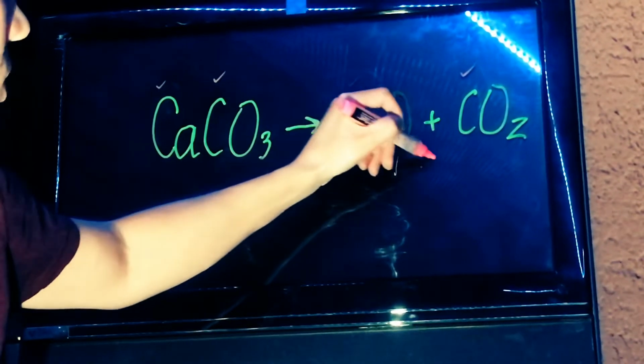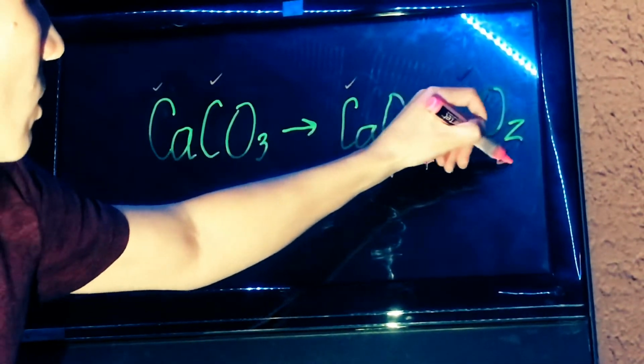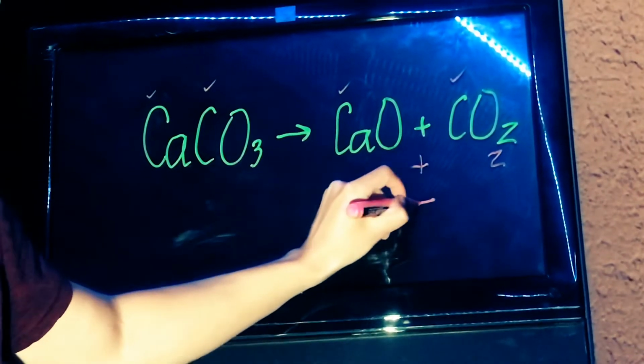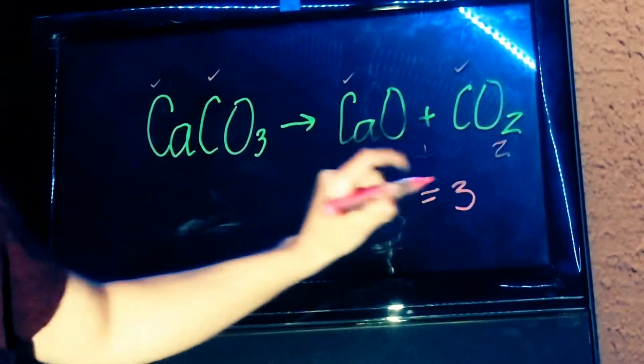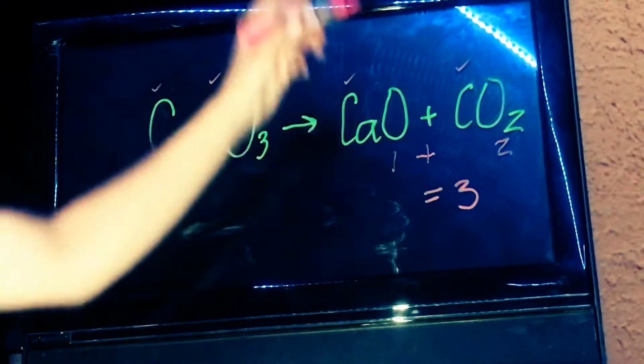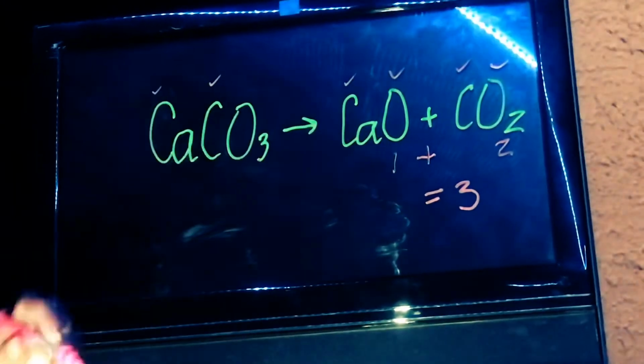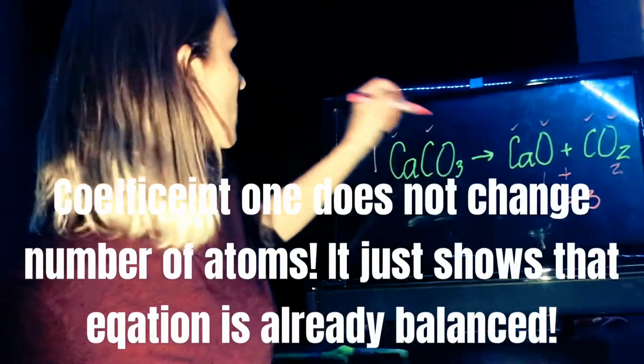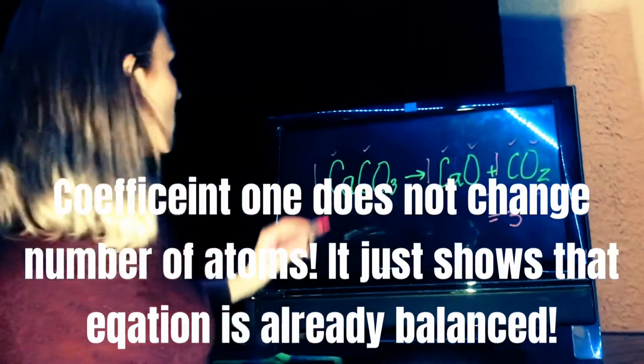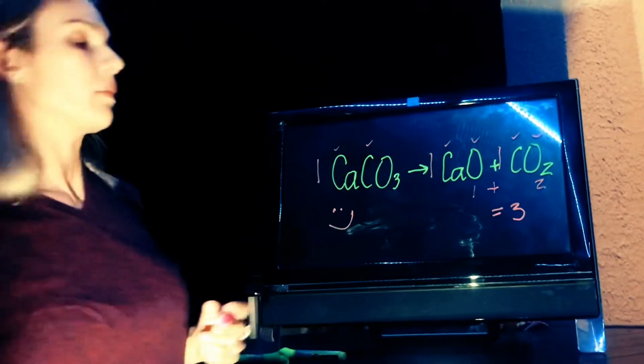So don't forget to add. 1 plus 2 equals 3. With these 2 O's being through the plus sign, my oxygen is good. Oh wait, I don't need to put any numbers. Well, that's great, be happy. 1, 1, 1. And this equation is done.